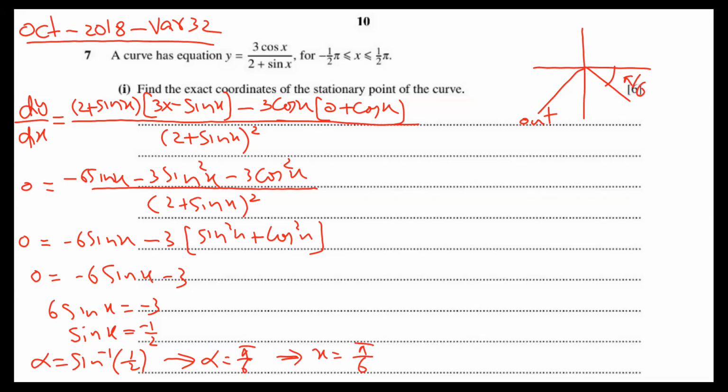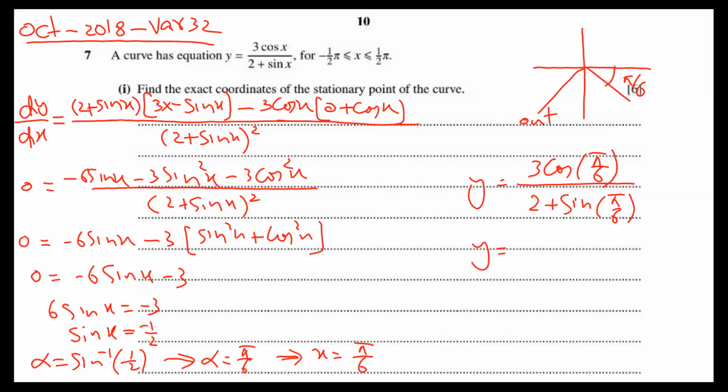Now how to get the y coordinate? Simple, I can plug in up and down, and the answer will come from here. So 3 times 2 cos pi by 6, and 2 plus sine pi by 6. If you type separately, it is better. If you type all together, it will not give you the exact answer.